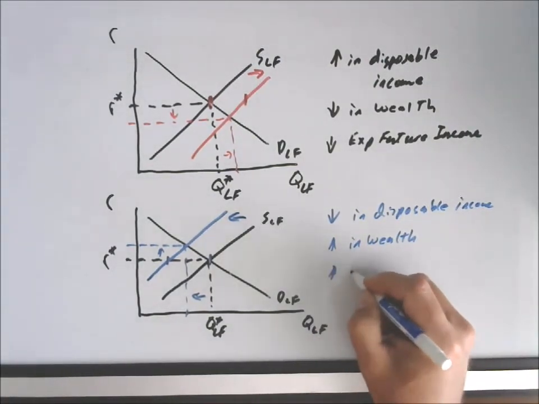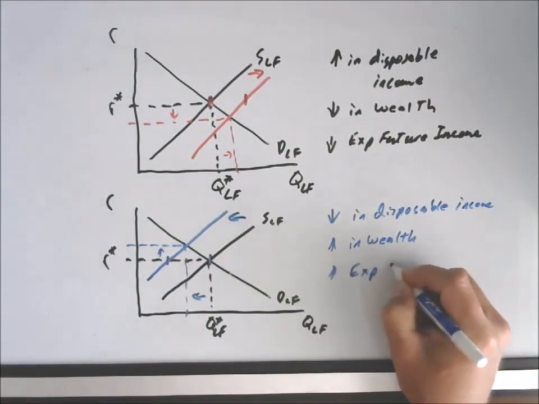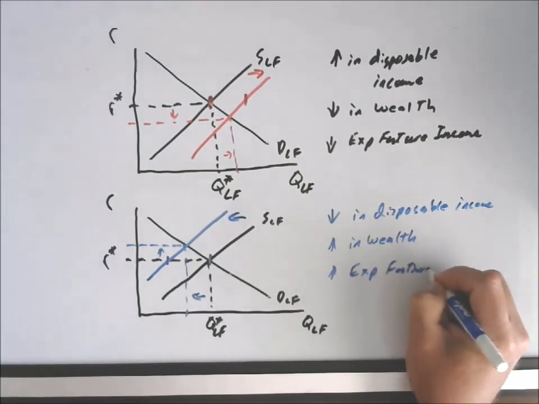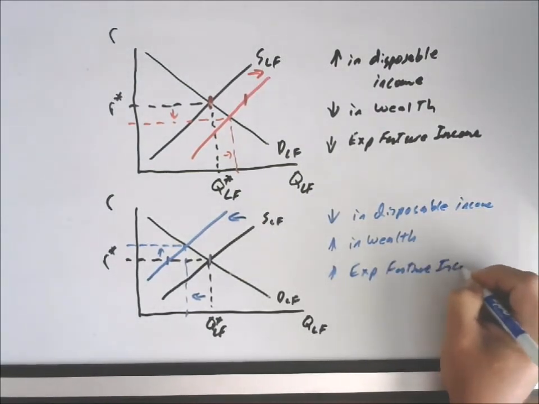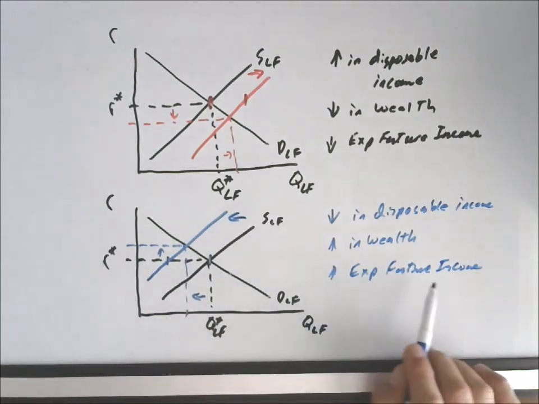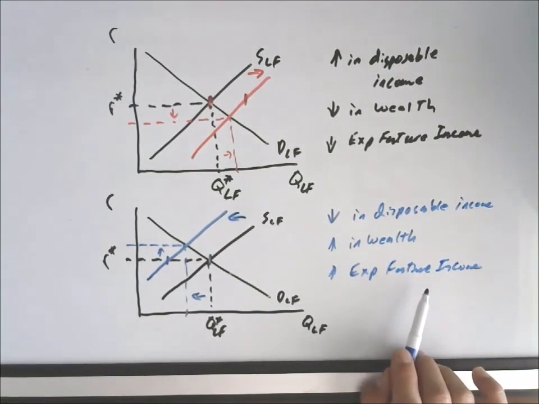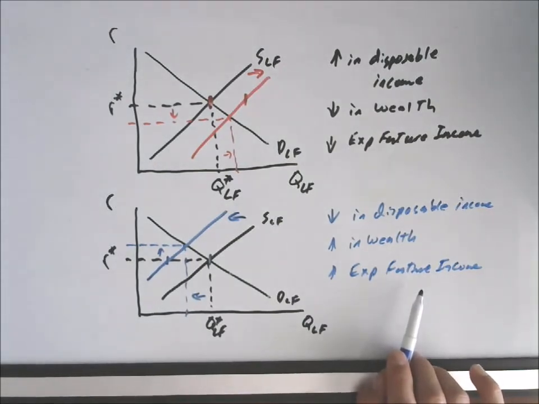And an increase in expected future income. If you expect your future income to go up, then you're probably going to pull some of your future consumption forward. So you may go ahead and buy that new car you were planning to buy 6 months from now. You might just go ahead and buy it today.